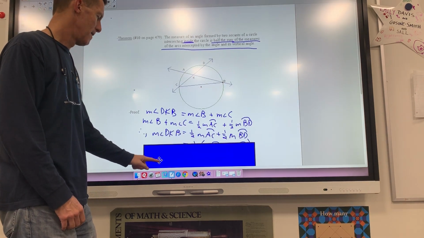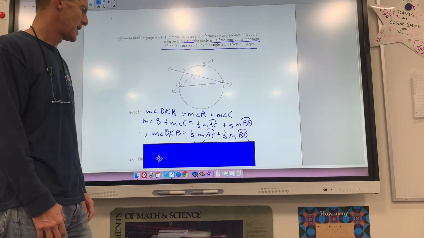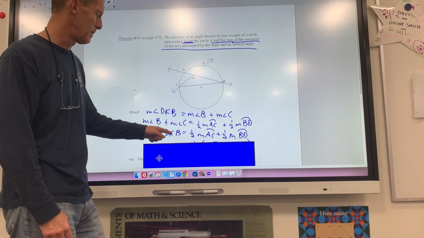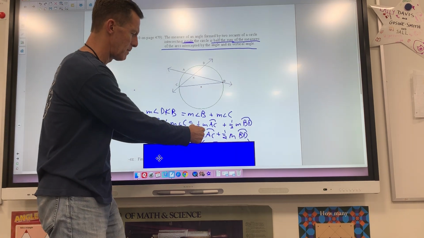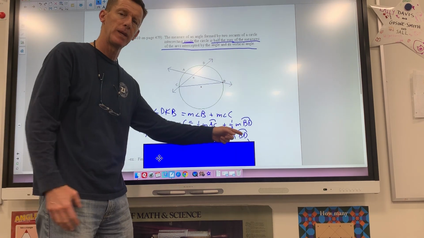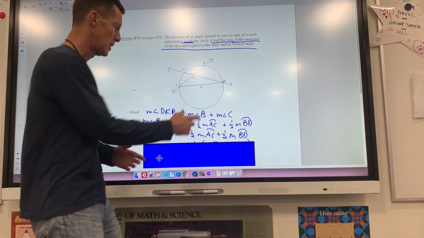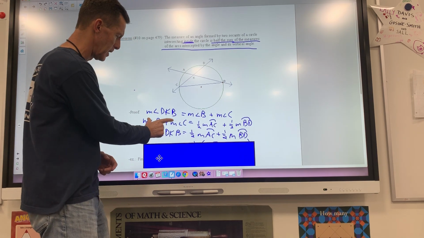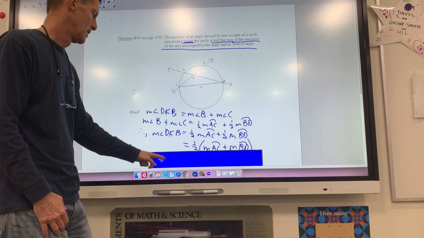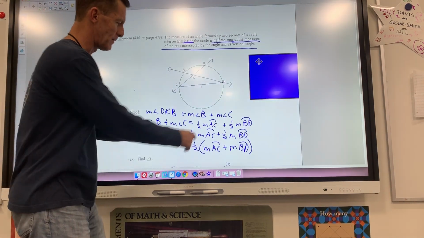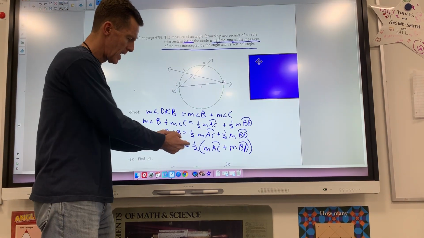Well, therefore, doesn't that mean that the measure of DKB, since it's equal to the measure of B plus C, would be equal to 1/2 the measure of arc AC plus half the measure of arc BD? In other words, we did substitution. Okay, well, all we have to do is factor out the 1/2, and then there we have it.